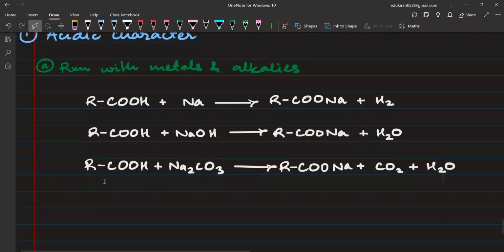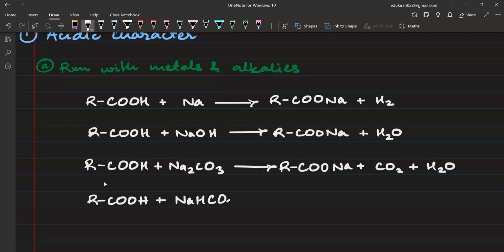Now CO2 is a gas, and we can use this as a test for carboxylic acid. Similarly, you can have RCOOH plus sodium bicarbonate or sodium hydrogen carbonate. You will get RCOONa plus CO2 plus H2O. Okay?